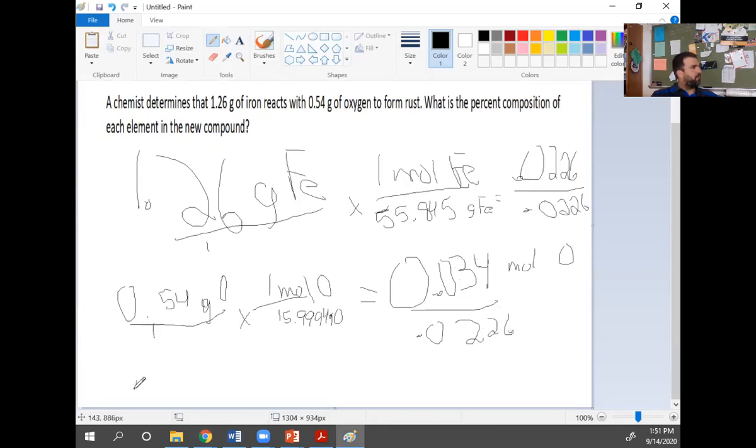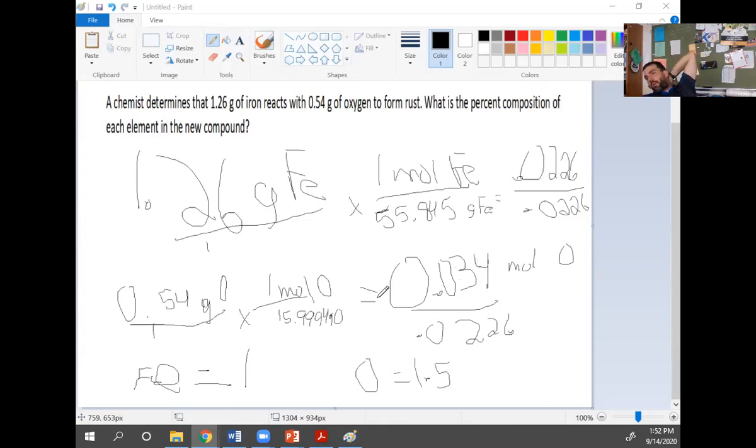So now my Fe, this is just me working from my numbers down here from when I divided, okay? That's not a whole number. Fe equals 1. O equals 1.5. So now do I have decimals? I've got to multiply. What am I going to multiply by? How am I getting rid of that decimal?